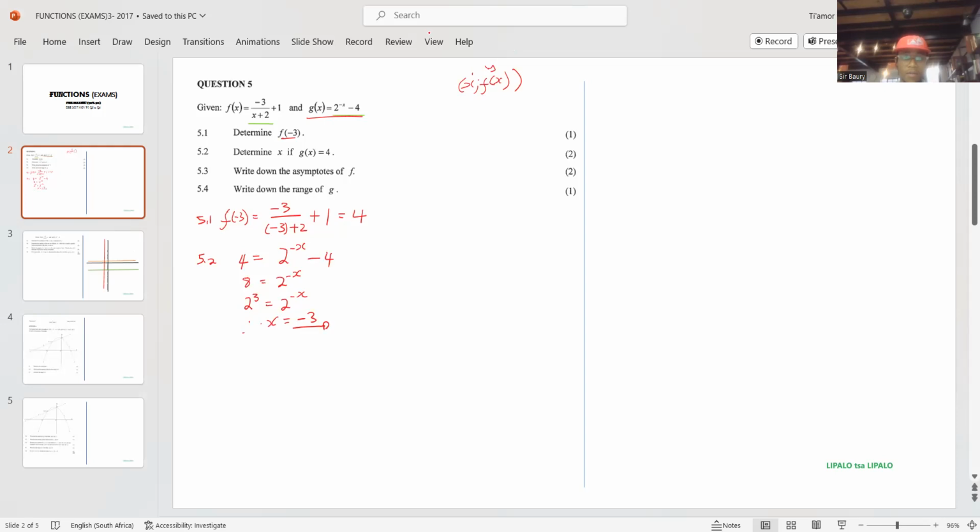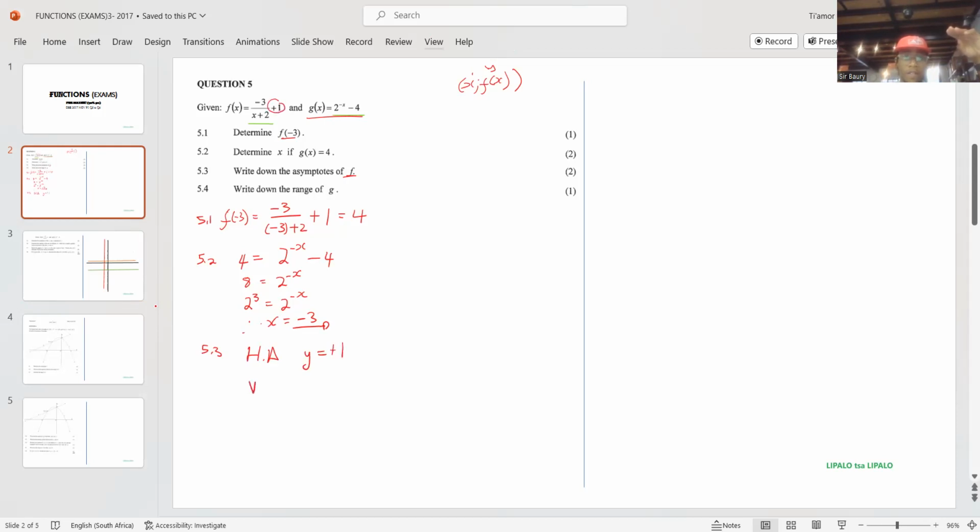Therefore, the value of x is going to be -3. Now, I want you to remember something, but I'll explain it in the questions that follow. Getting to the third question, the asymptotes of f, we have two. The horizontal asymptote is where y is equal to this value here, which is 1.